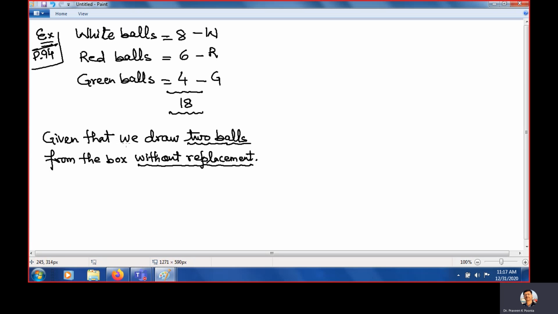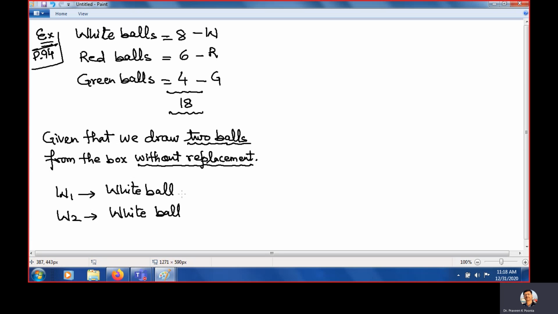Now you need to draw two balls. And what is the condition? The first ball should be a white ball, and the second ball you need to draw is also a white ball. So you need to find the probability of drawing two balls without replacement, where the first ball is white and the second ball is white too.